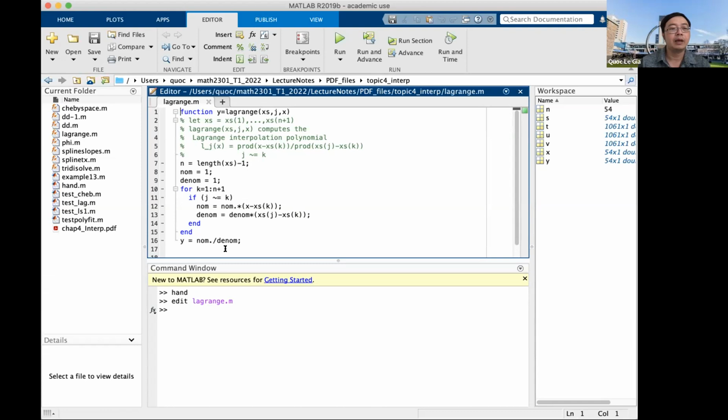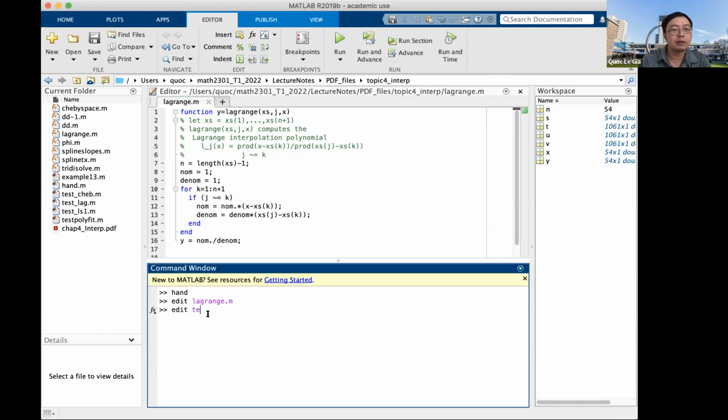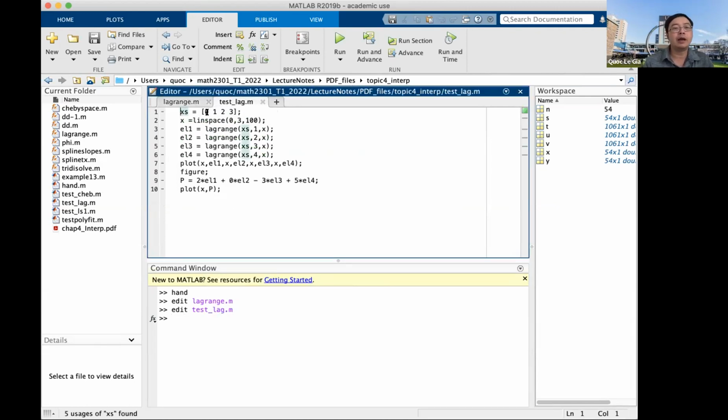This is the formula. Then how do you use this Lagrange function? There is another one called test Lagrange, and we are given 4 points: 0, 1, 2, 3. Then you define L1, L2, L3, L4, and you take P to be 2 L1 plus 0 L2 minus 3 L3 plus 5 L4, and then you run it.